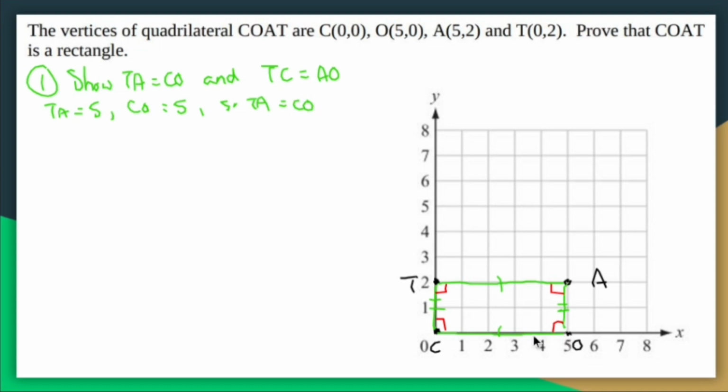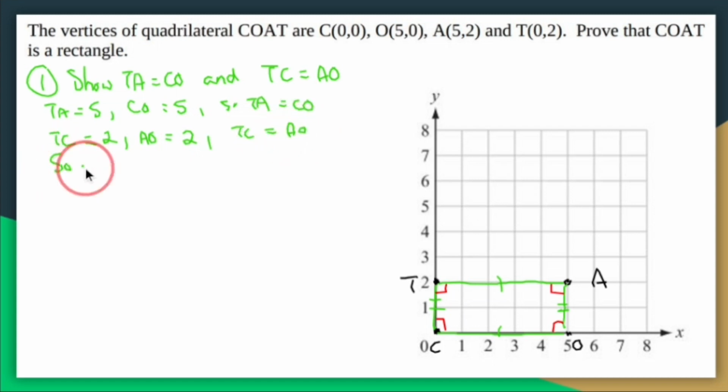I did that in previous videos, so if you want to go back and watch, I beg you. Also, TC is 2, AO is also 2, which means TC equals AO.